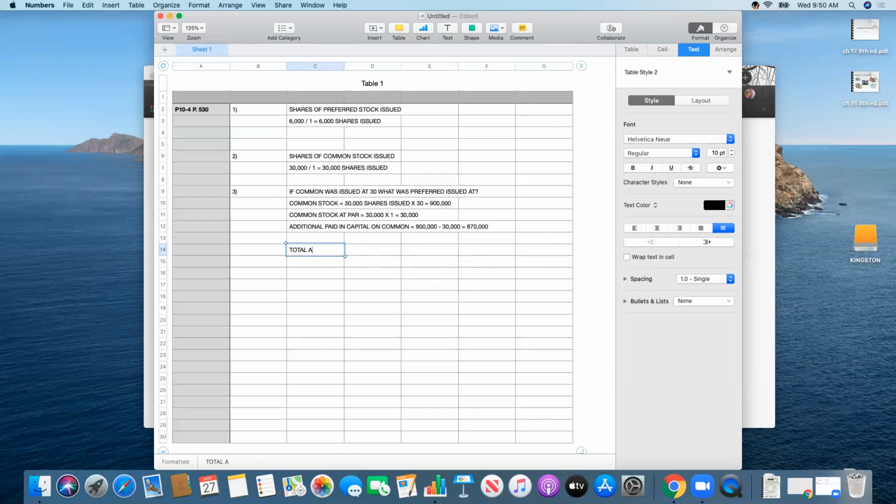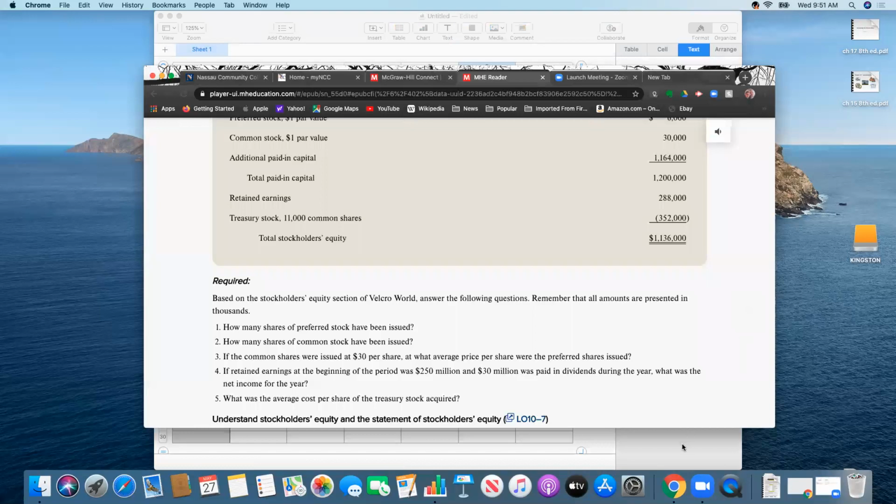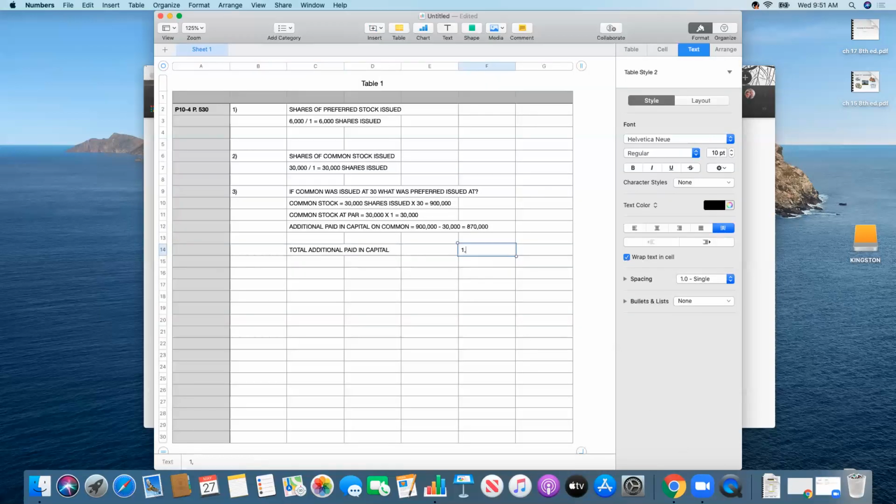Total additional paid in capital was 1,164,000.